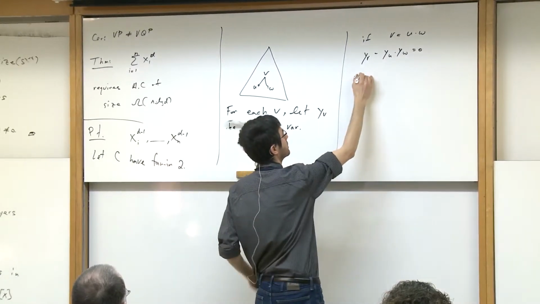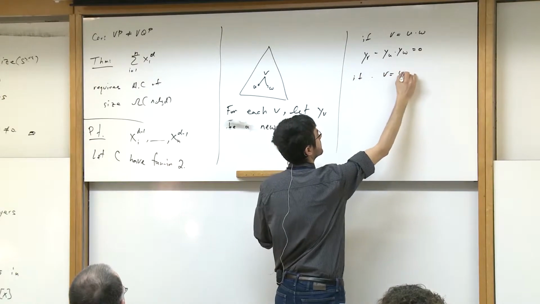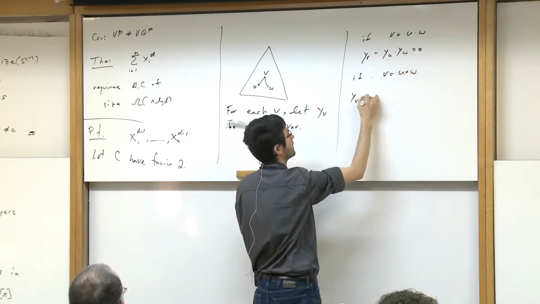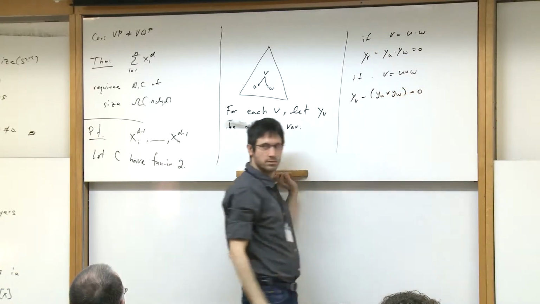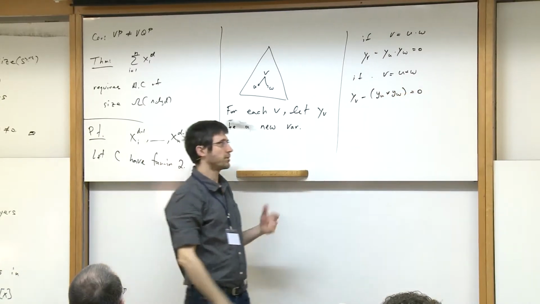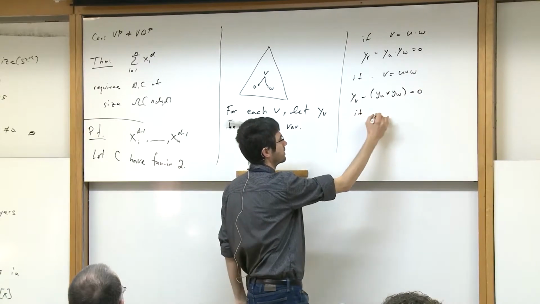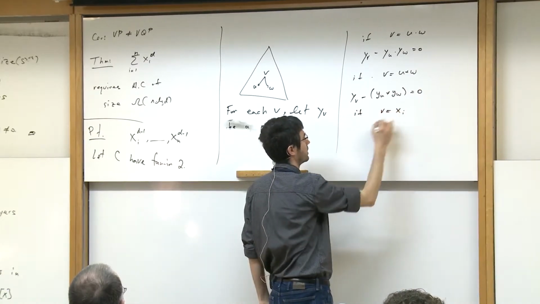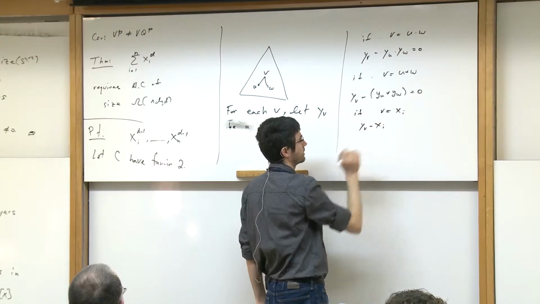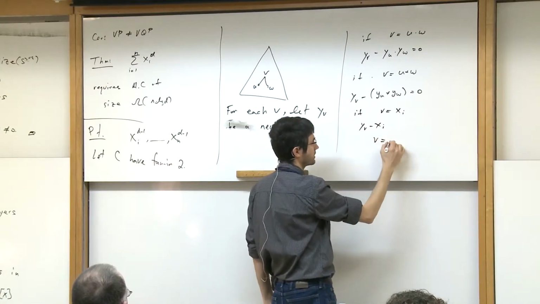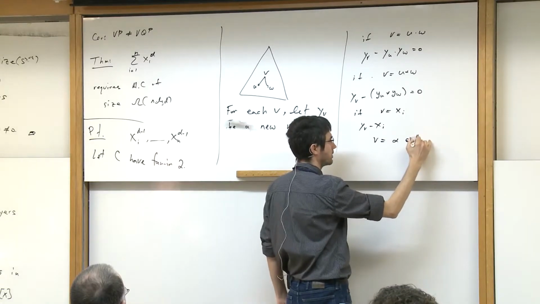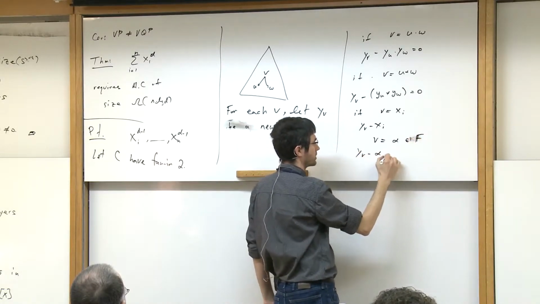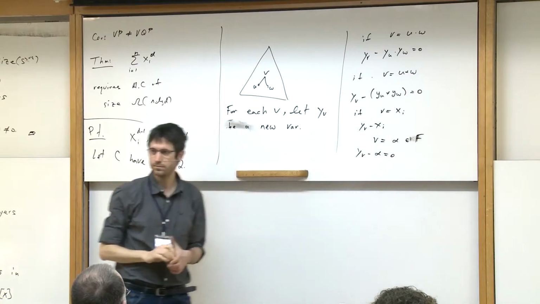If V is U plus W, then we have y_v minus y_u minus y_w equals 0. And if V is just some variable x_i, then we have y_v minus x_i equals 0. And if V is a constant alpha in F, we have y_v minus alpha equals 0.